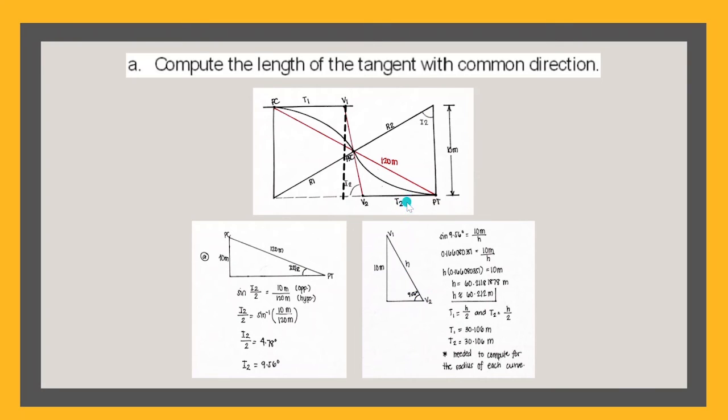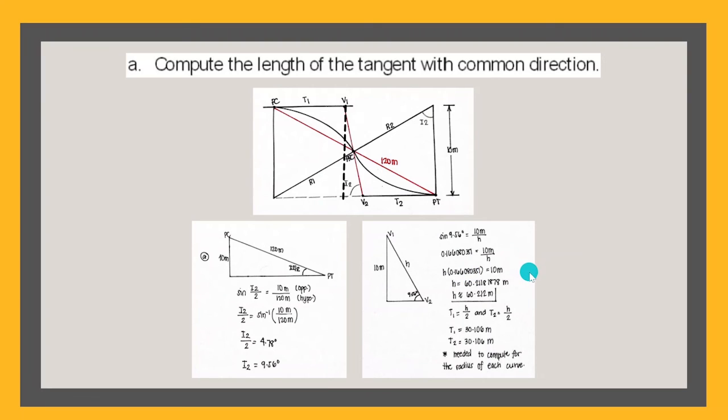So how do we compute the length of the tangent with common direction? First, we use sine 9.56 degrees equals 10 meters over the unknown value of h. So to get rid of h, we need to multiply both sides by h, which becomes h times the value of sine 9.56 degrees equals 10 meters.